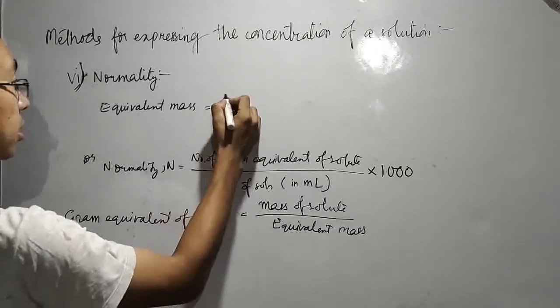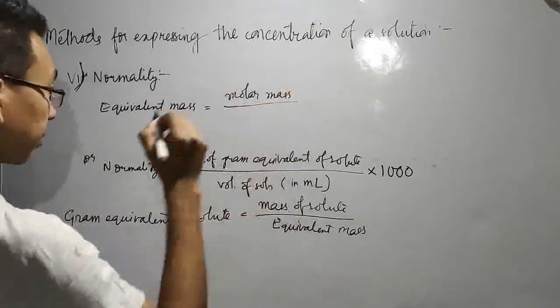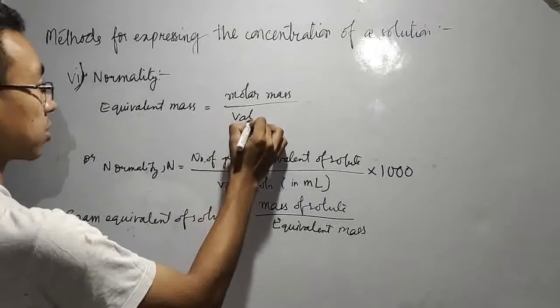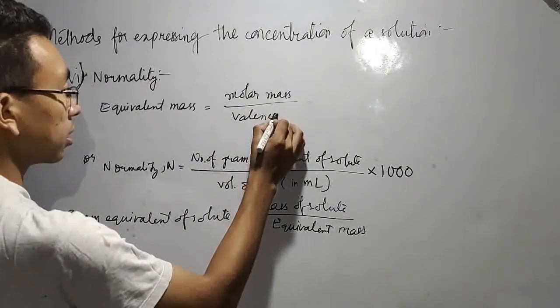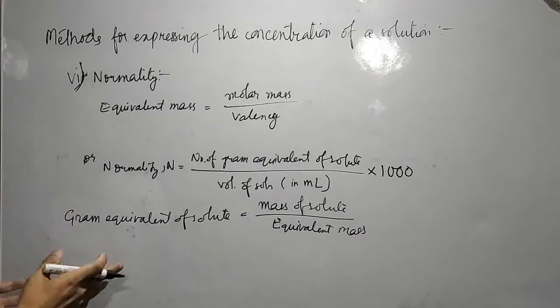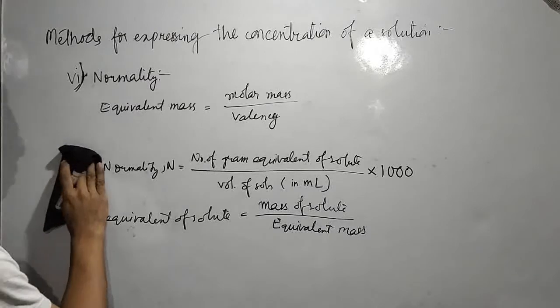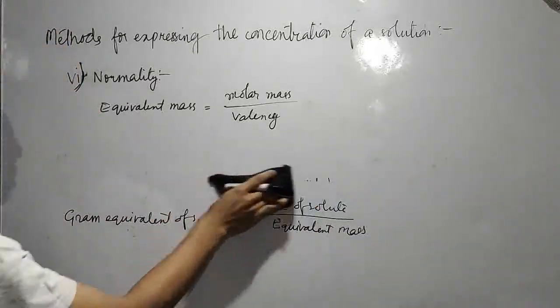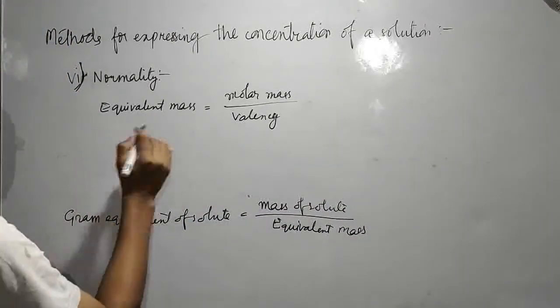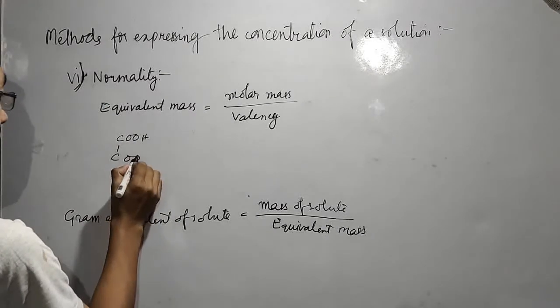Equivalent mass is equal to molar mass divided by, suppose, valency. It can also be acidity or basicity. Say, for example, we have to find the equivalent mass for oxalic acid, COOH COOH.